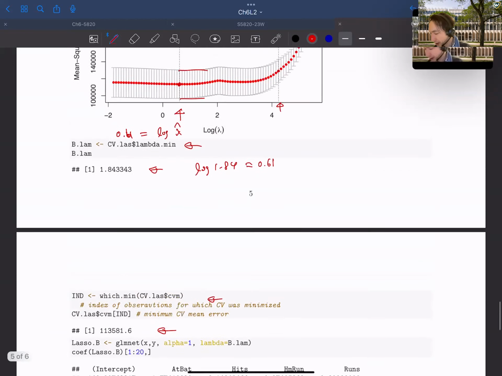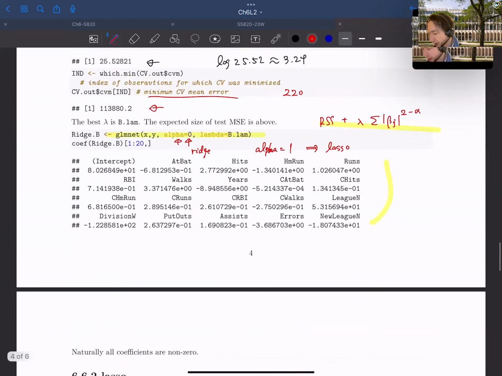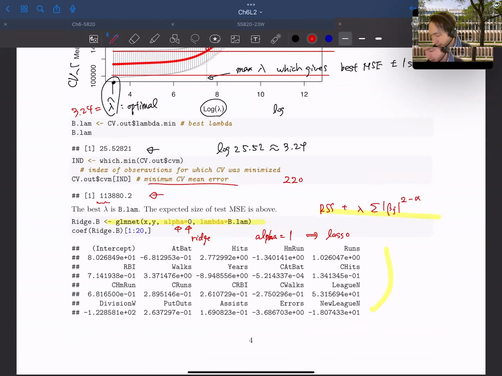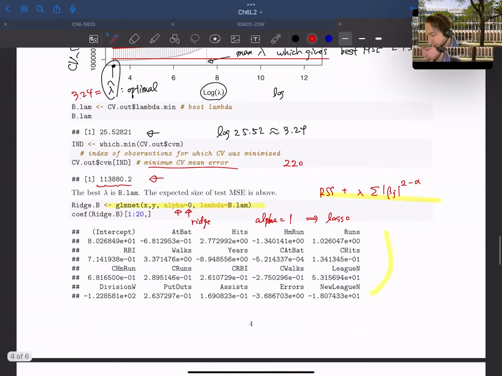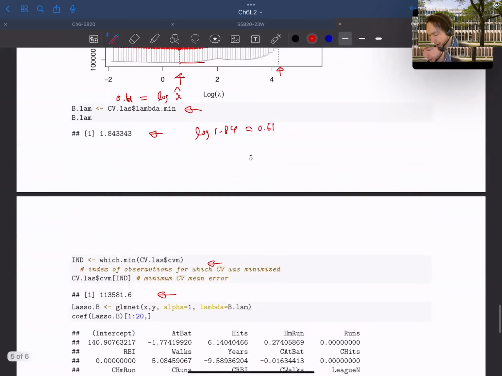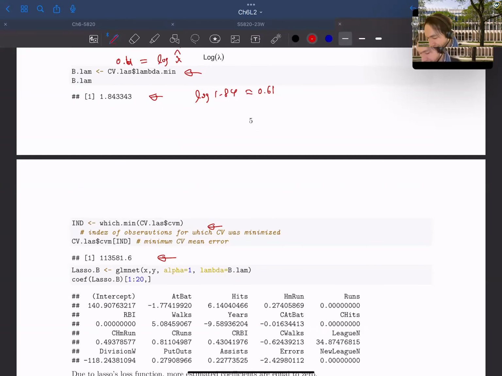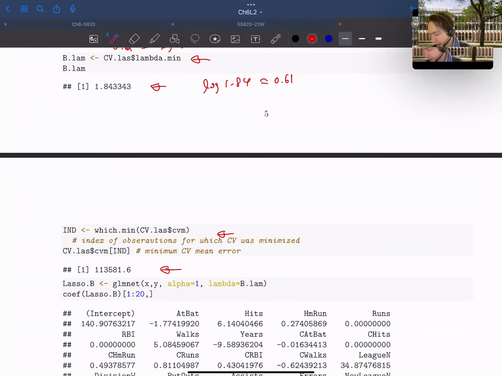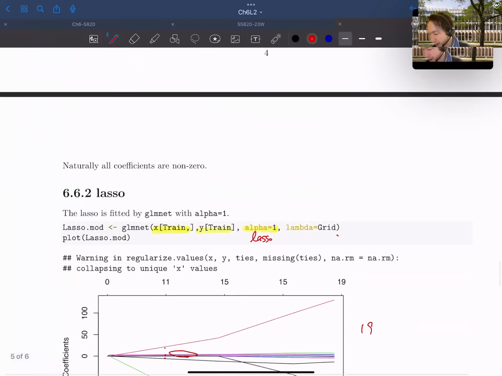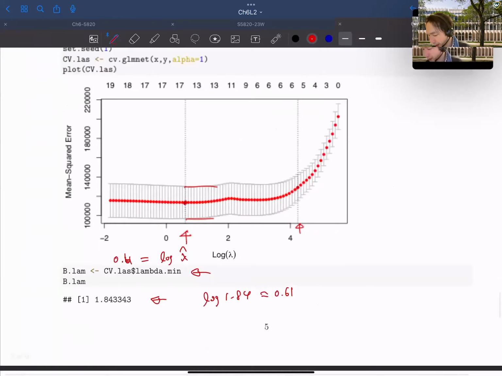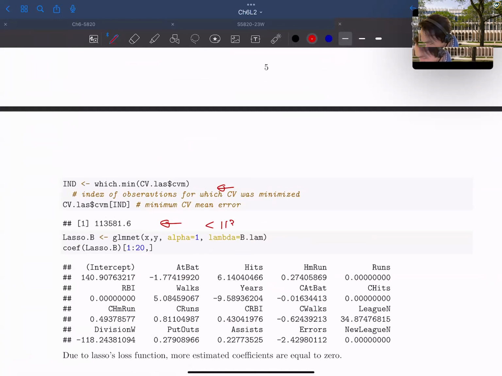So I think this is similar to the ridge regression result. For ridge regression, the best cross-validated mean square error is 113,880. Here it is 113,581, so this is slightly smaller than the error by ridge regression.